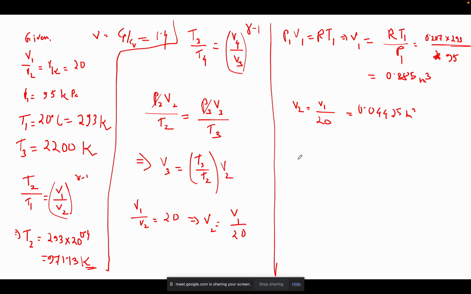And from here V3 is equal to T3, which is nothing but 2200, divided by T2, which you got as 971.13, into 0.04425.